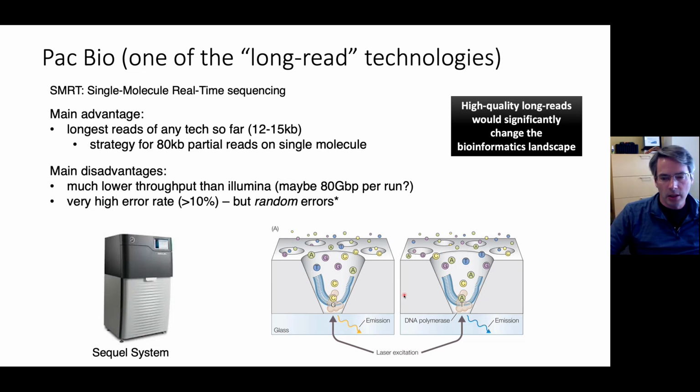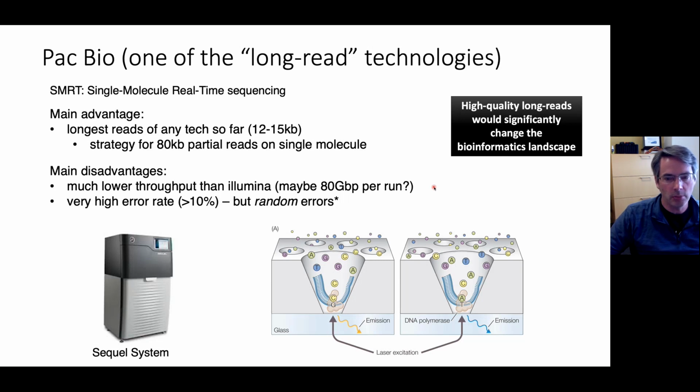The main disadvantage, why doesn't everybody use this then, is that it has a lot lower throughput than Illumina. The last time I looked, they were around 80 gigabases in a run. Compare that to 6,000 gigabases per run. This ends up being way more expensive per base pair. So the main reasons you would employ this are the things I was talking about where standard prep is not good.